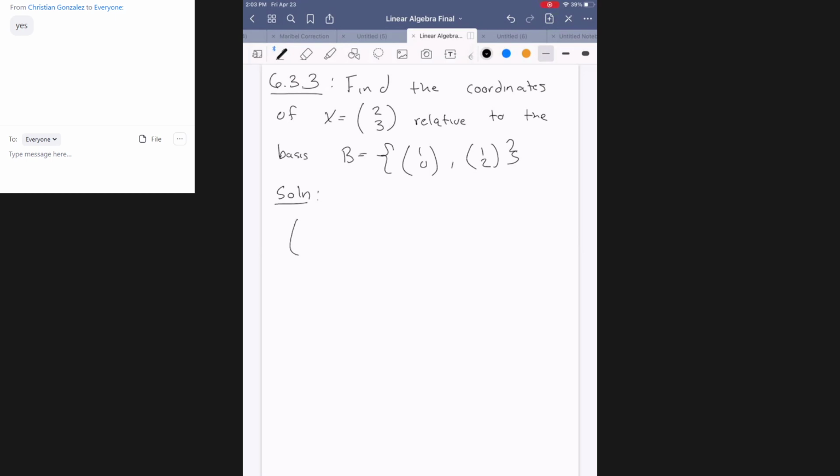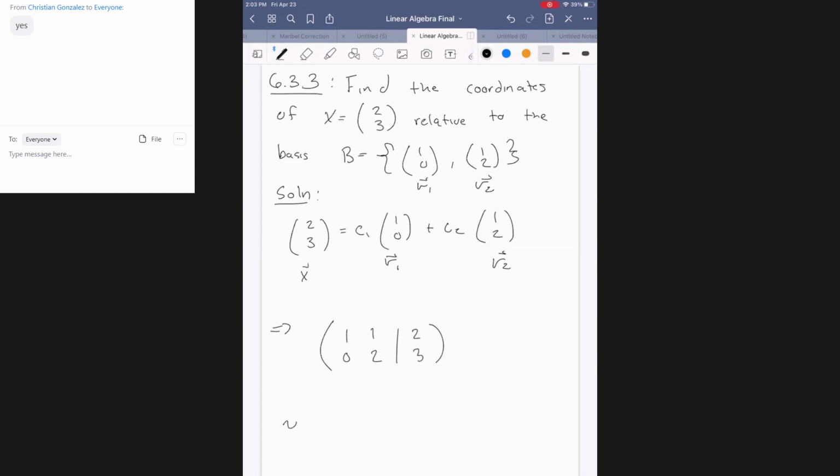Well, just write (2, 3). So this is my x, and I want to represent this as C1 V1 plus C2 V2, and here's my basis right here. This is V1 and V2. So basically at this point, all you're going to do is solve for your C's. You do that by using an augmented matrix with 2, 3.